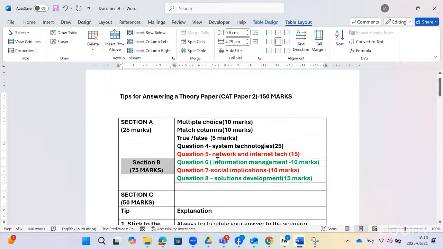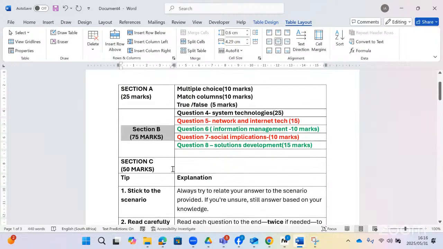Right. And then the integrated scenarios will be both question 9 and 10. So that one will be a combination of system technologies, network, information management, and solution development.